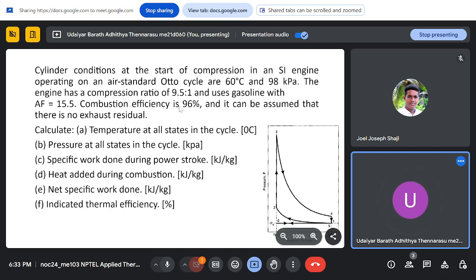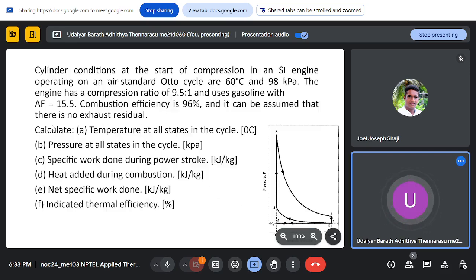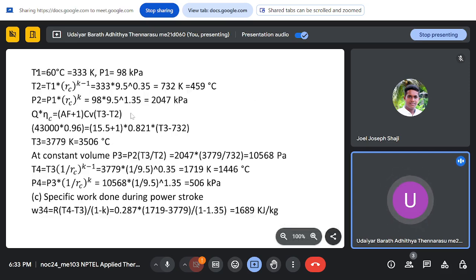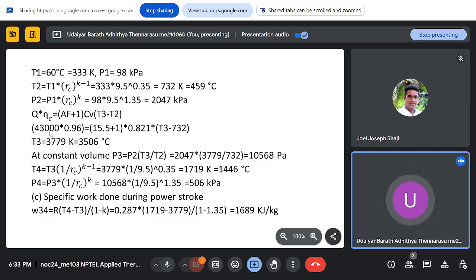Your combustion efficiency is given. One thing missing in the question is the calorific value of the fuel, which is equal to 43,000 kilojoule. So Q will be 43,000 kilojoule, and your combustion efficiency is given as 96%, so into 0.96.